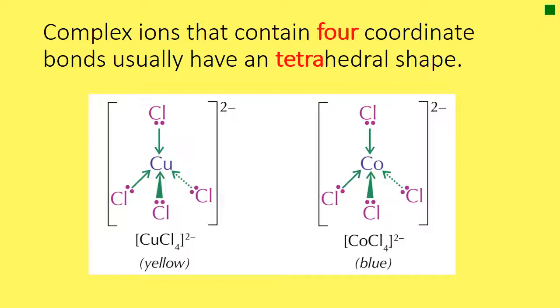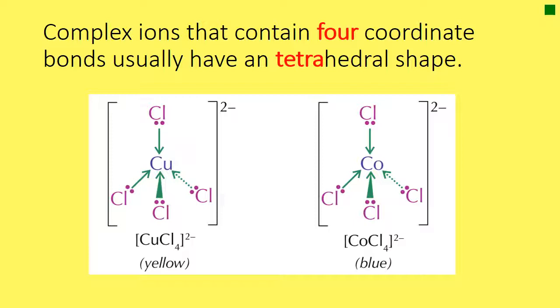And the dotted line for the chlorides is from behind the plane of the slide, bonding back towards the copper ion. So you can see that shape there, and that's how we draw that tetrahedral shape.